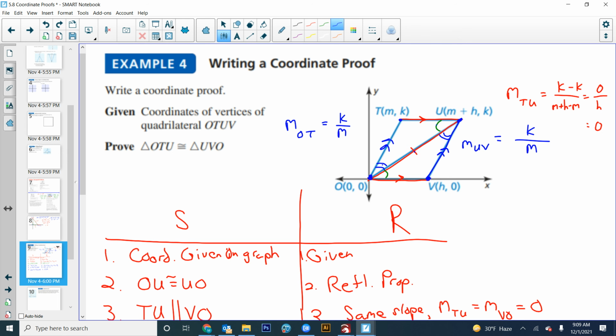Science is due first period. I'm trying to get stuff finished right before the bell rings.